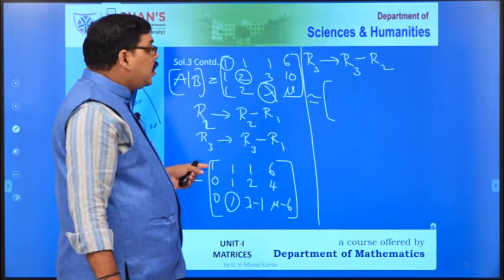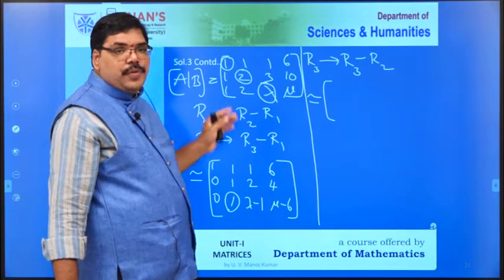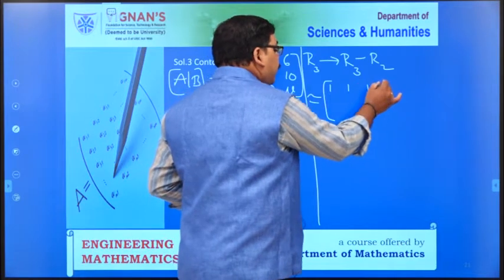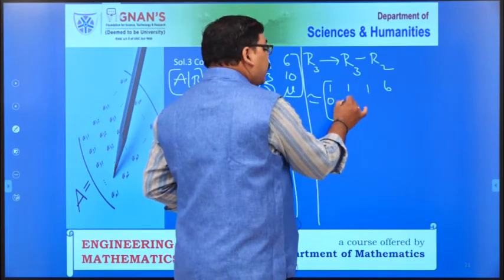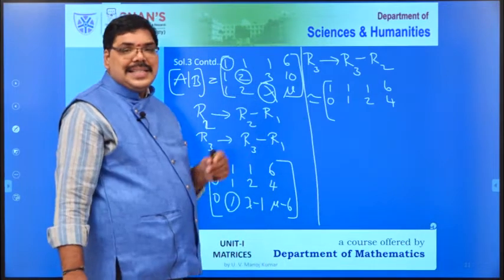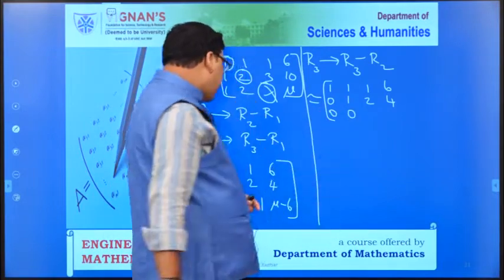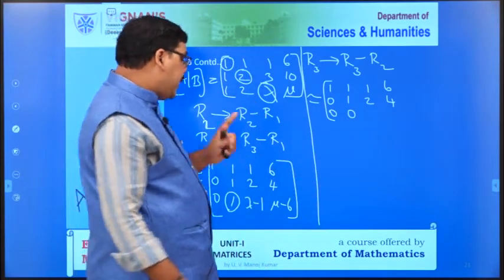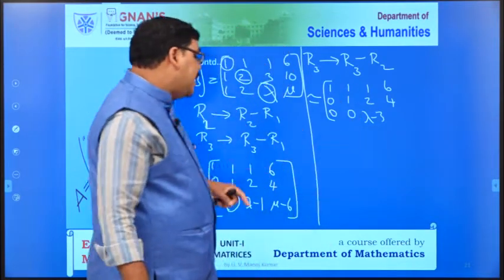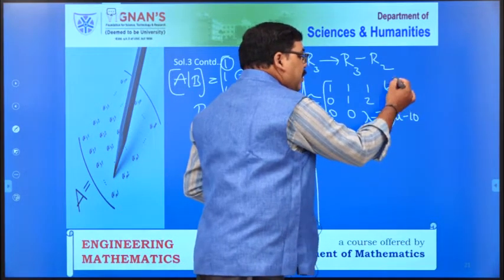We are changing R3, the third row, so the first and second rows you can write as they are. And the third row changes; calculate the changes: 0 minus 0 is 0, 1 minus 1 is 0, lambda minus 1 minus 2 is lambda minus 3, mu minus 6 minus 4 is mu minus 10.